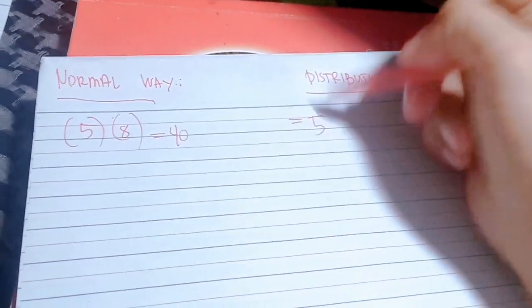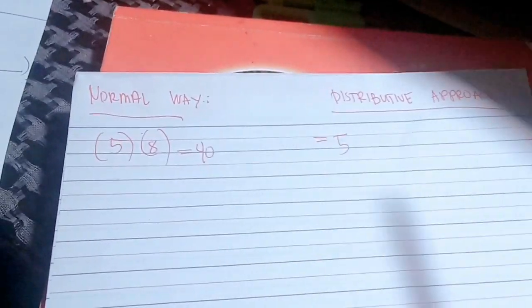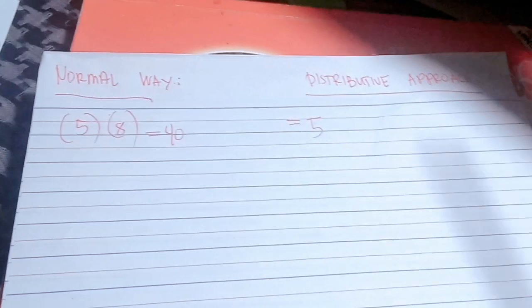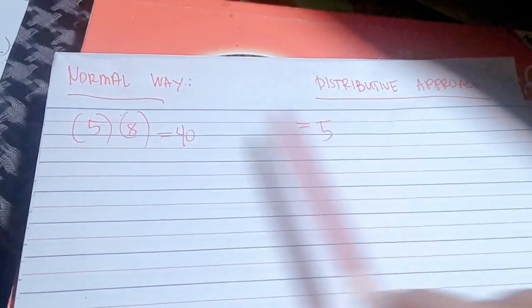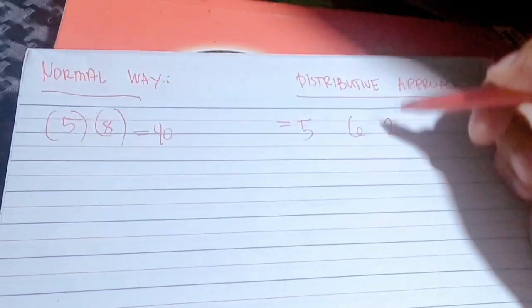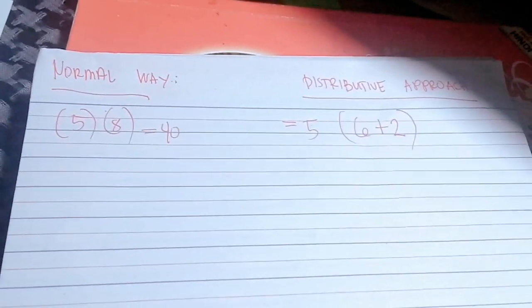So, itong 5, isusulat natin una. Then, itong bigger number na 8 ay maghahanap tayo ng numero or mga numero na kapag in-add natin ay magiging 8. So, anong mga numbers ang pwede nating isulat dito na kapag in-add natin ay magiging 8? So, for example, 6 and 2. So, lagyan natin ng plus, then ilagay natin sa parenthesis.